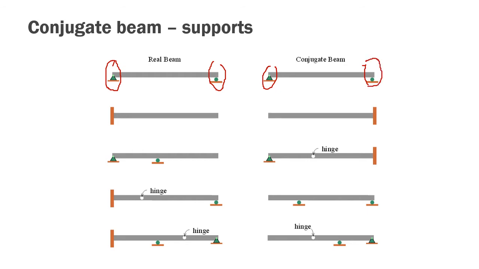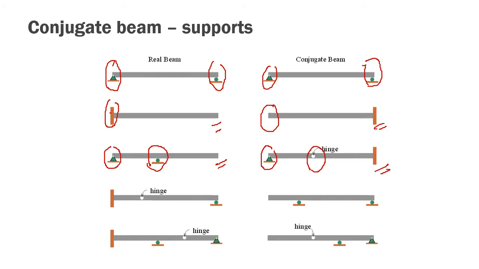If it's a fixed and free here, you need to change the conjugate beam: for fixed, you need to change it to free, and then for the free end, you need to change it to fixed. If you have this, what we call a pin, your conjugate beam will remain as pin. Here, this is an internal roller. You need to change it to internal hinge. And at the end here, this is free. You need to change it to fixed.